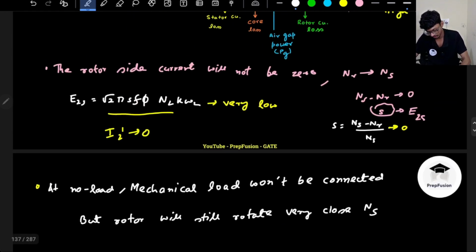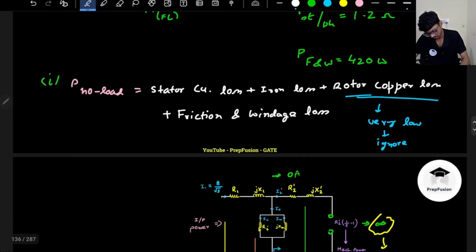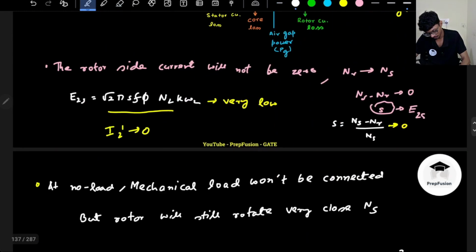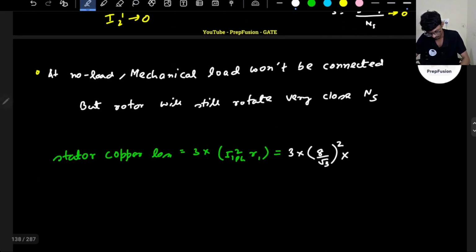I1 per phase is 8 by root 3, whole square, into R1. R1 is 1.2, that is the stator resistance per phase. So this is the stator copper loss basically.